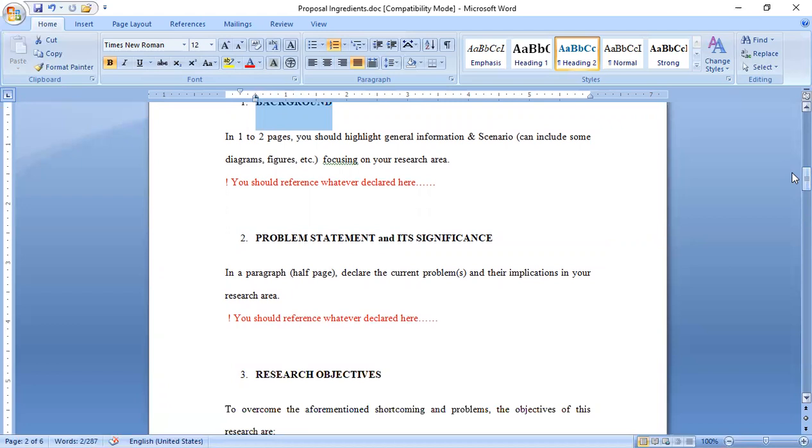I think one half paragraph or one half page is enough for that portion in order to make an effective research proposal. And we can also write references in that section, but try to write your problem statement and significance in your own words. That will be more effective.